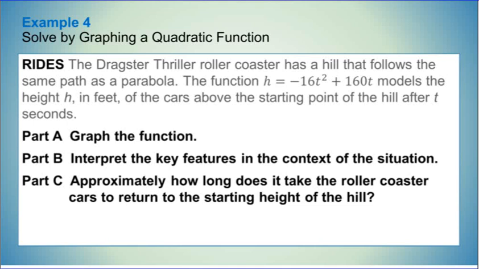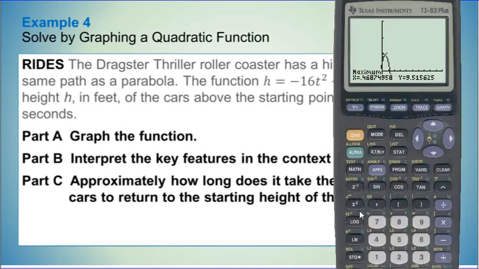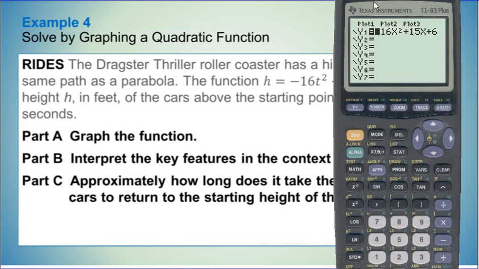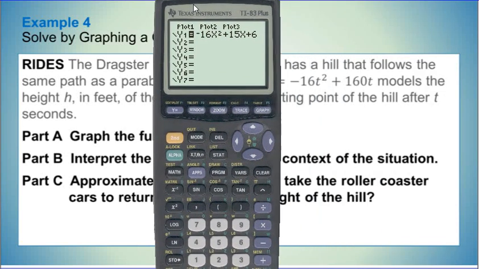So grab our calculators again. Go to our y equals, and we have -16x squared plus 160x, and we don't have anything else here. We graph what we have here.